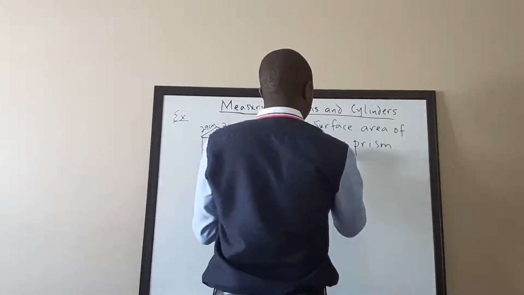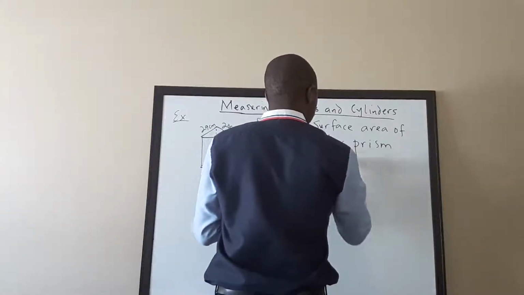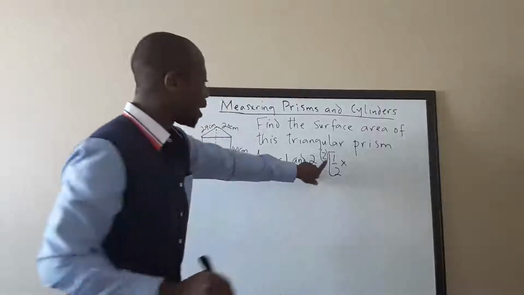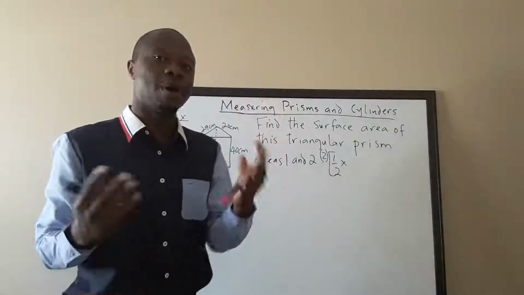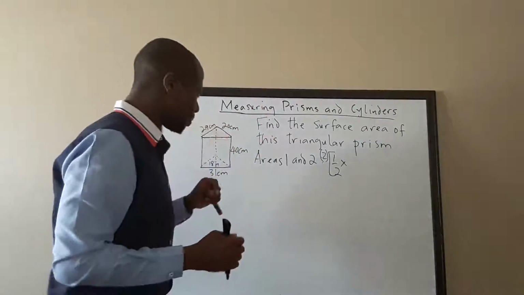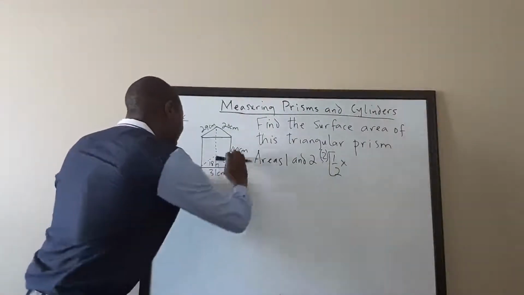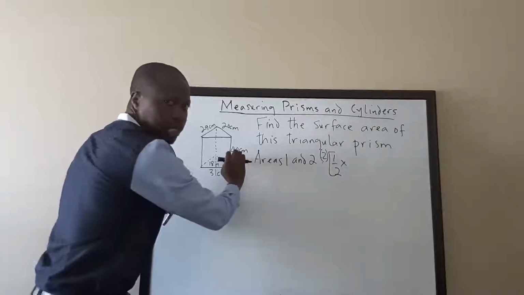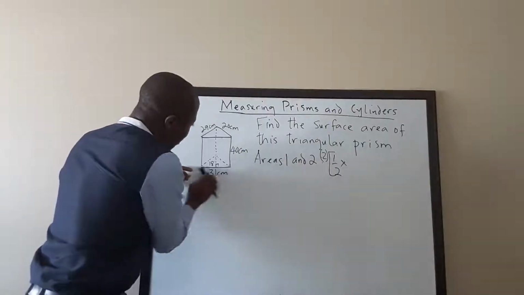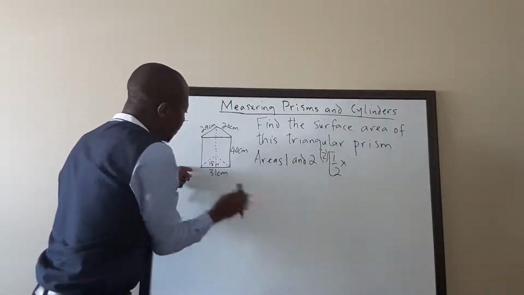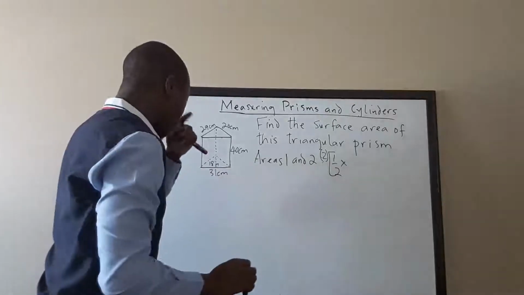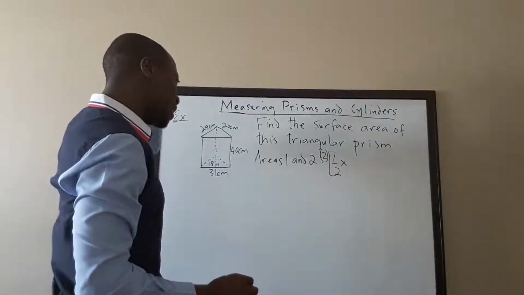I'm going to say multiplied by 2 outside, because we've got two of them all together. So if I'm looking here, my height, this little one inside here, is 18 and my base is 31.